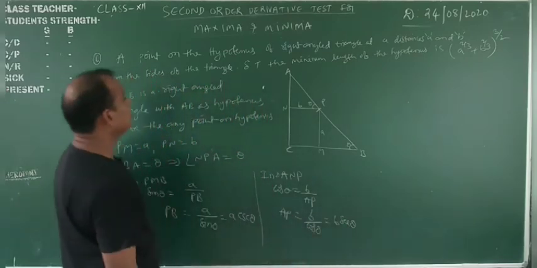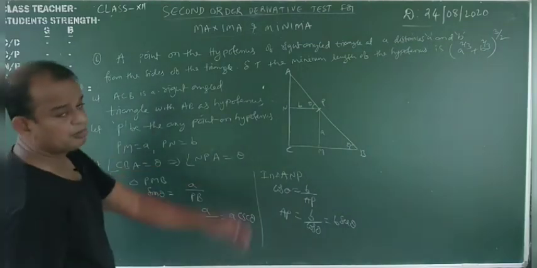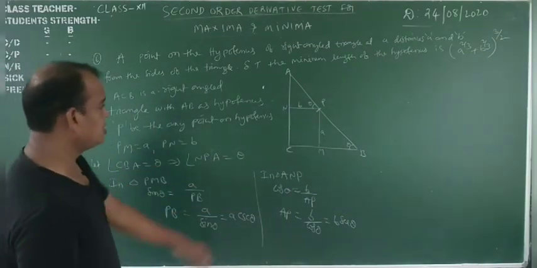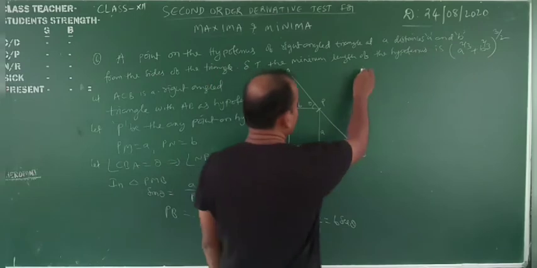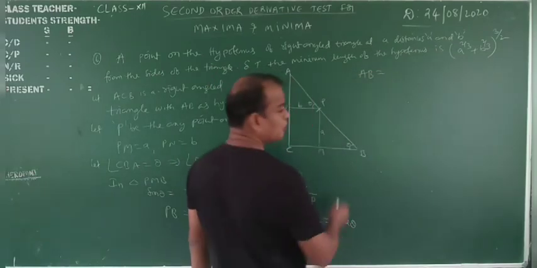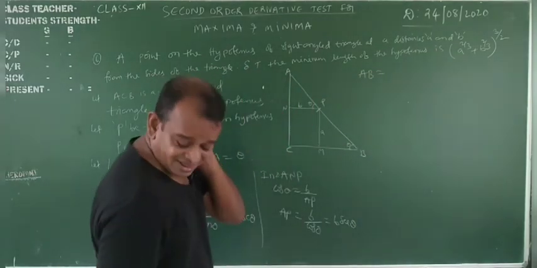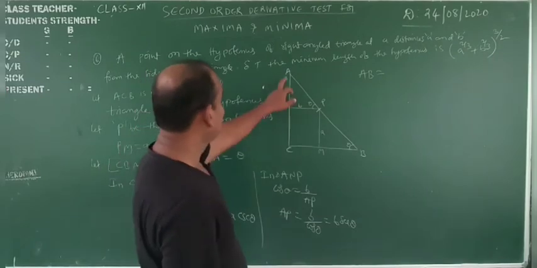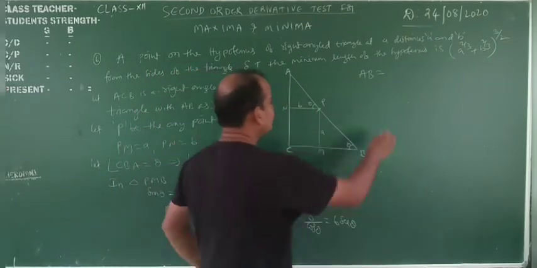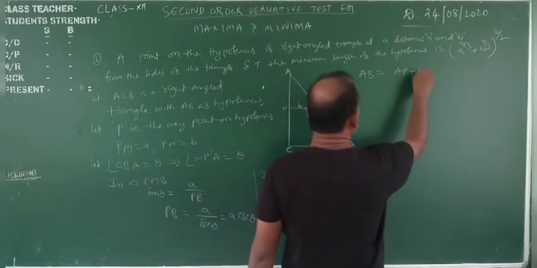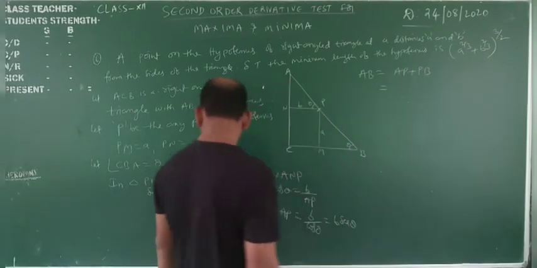Now what is that one here? The minimum length of the hypotenuse. What is the hypotenuse here? It is AB. Now AB, the length of the hypotenuse, we write as AP plus PB. What is AP?